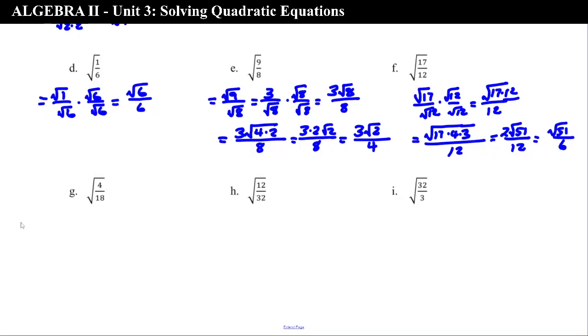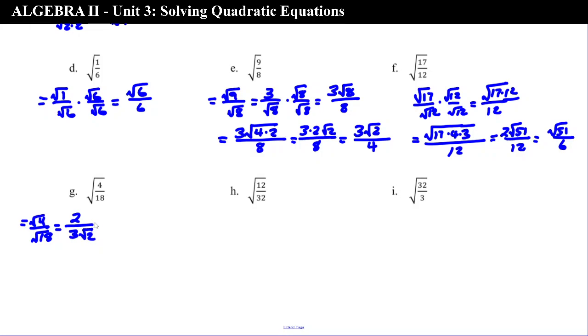For g, we have the square root of 4 over the square root of 18. If you want, you can go ahead and simplify that denominator. We can also simplify the top. The square root of 4 is just 2. And if we simplify the denominator and we pull that 9 out, we have 9 times 2, which gives us 3 times the square root of 2.